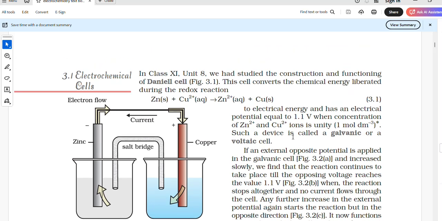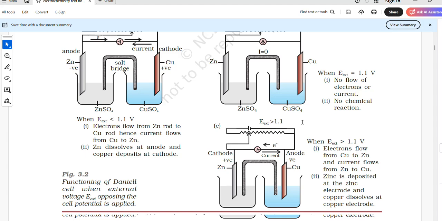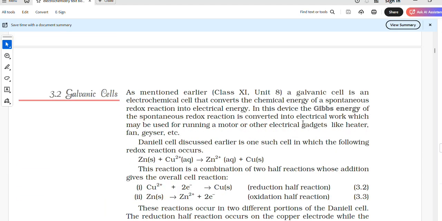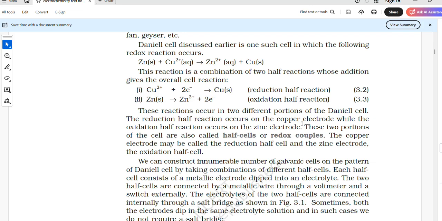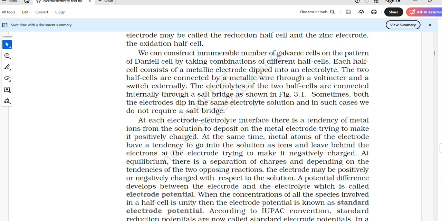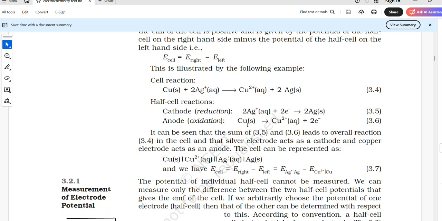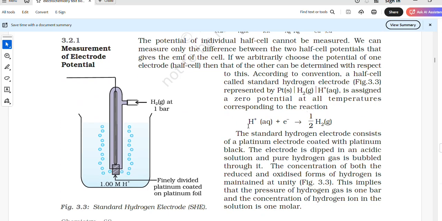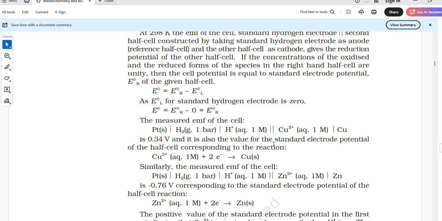In the previous class, we were discussing the identification and fabrication of the electrochemical cell, and how to identify or notate the cell. That is called cell notation, based on the electrochemical series values. The electrochemical series is the list of electrode potentials, that is reduction potential values, and how they increase or decrease. Then we identify whether a particular electrode undergoes a reduction reaction or oxidation reaction naturally, and based on that, the type of electrode, whether it is a positive electrode or negative electrode.